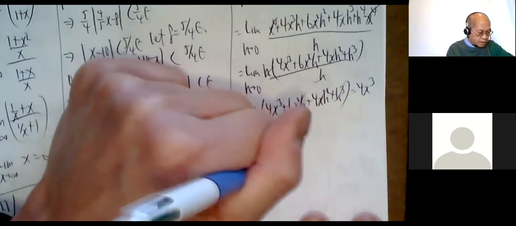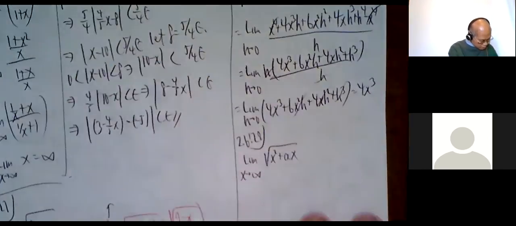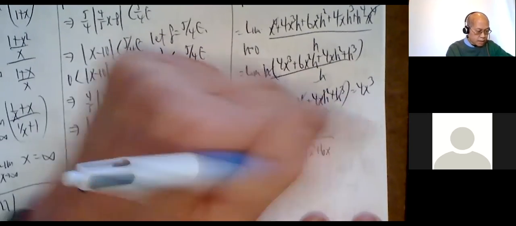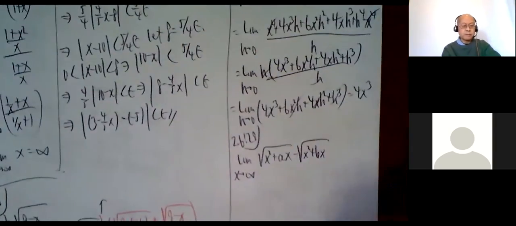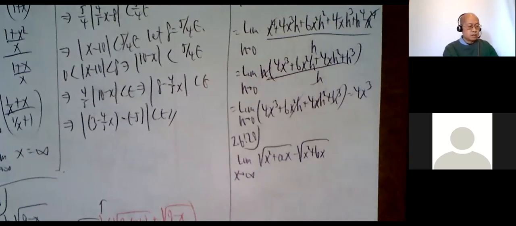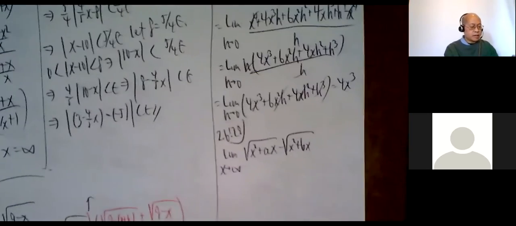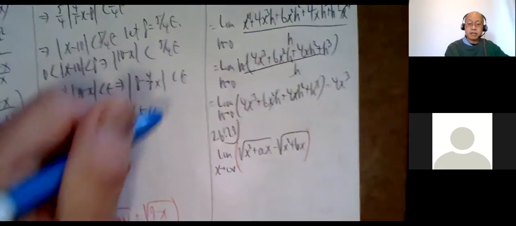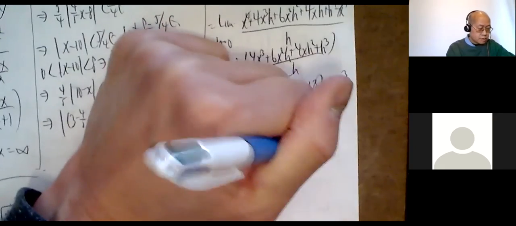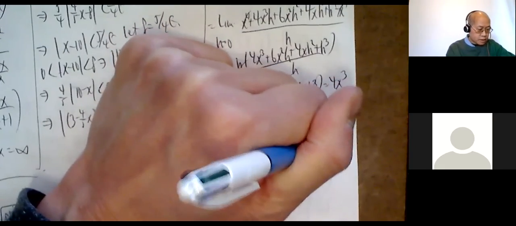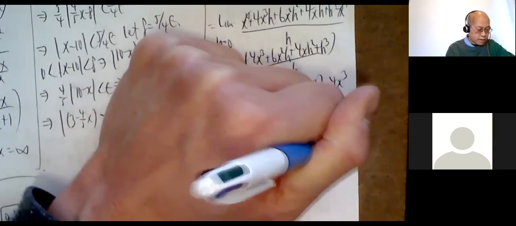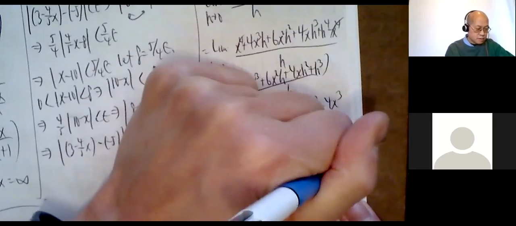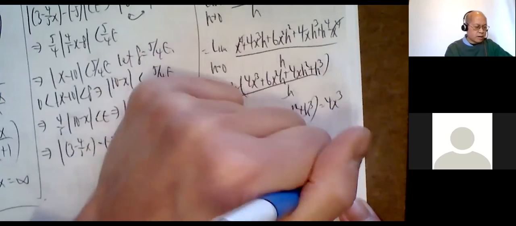Okay, radical x squared plus ax minus radical x squared plus bx. So that's where you play the same game as that other problem. I kind of painted myself into a corner. Multiply by the conjugate, radical x squared plus ax plus radical x squared plus bx, divided by the same thing, top and bottom.